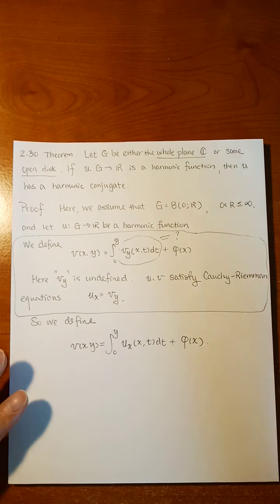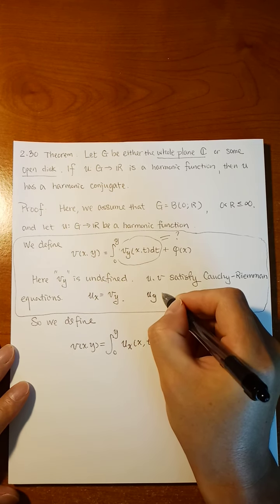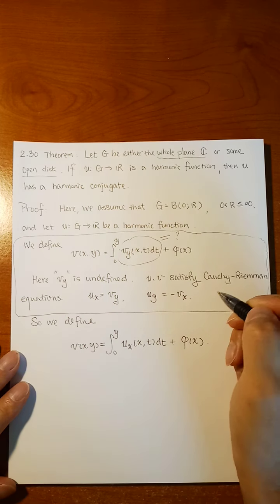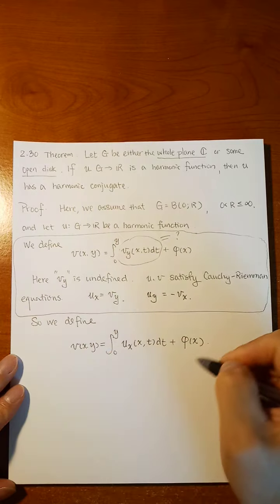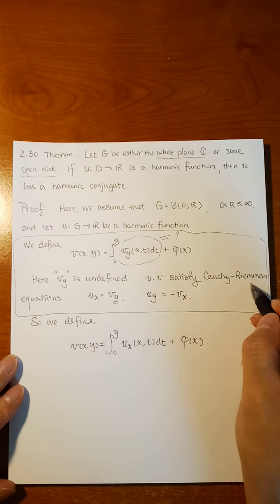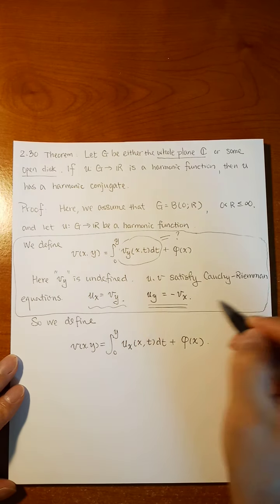Okay, another one. u_y is negative v_x, right? In other words, if u, v satisfy the Cauchy-Riemann equations, this first one is already used, so we have to check the second condition.